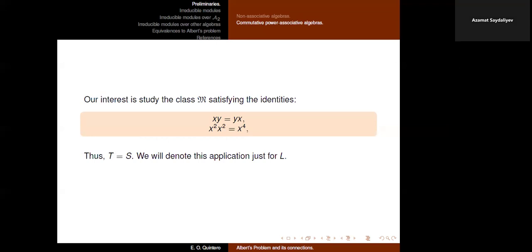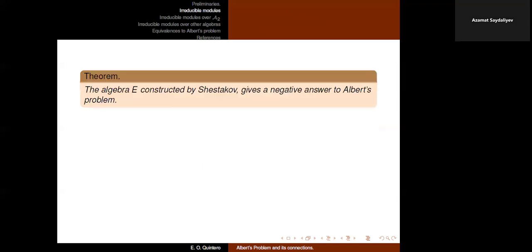Due to commutativity, the maps S and T are equal, and we denote them just by L, the left operator. So we have the theorem that the algebra A constructed by Shestakov gives a negative answer to Albert's problem. This theorem indicates that it is interesting to study irreducible models over zero algebras.